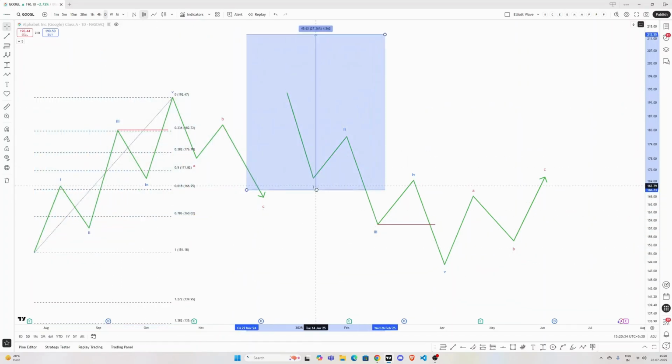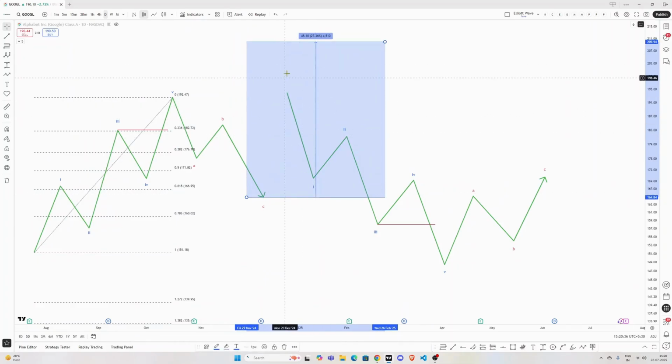So once this is complete, we can expect the same 27.36% move on the upside from this point. So that's how Elliott Waves can help you predict what might happen and to what extent it might happen.